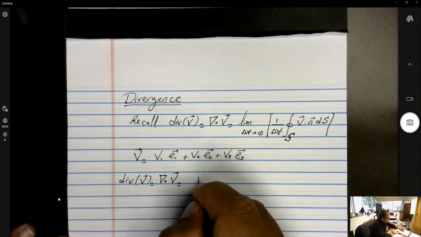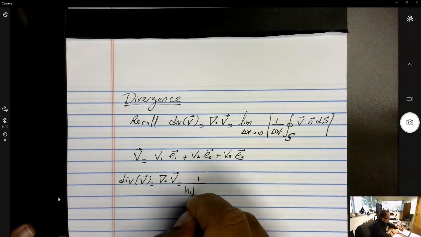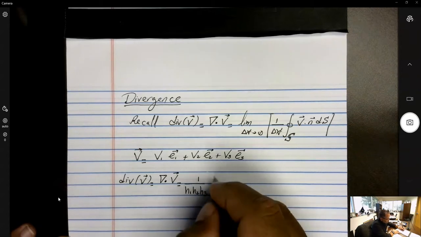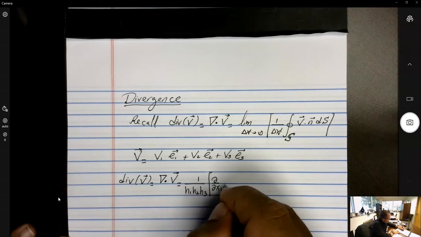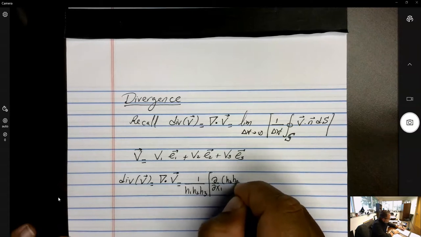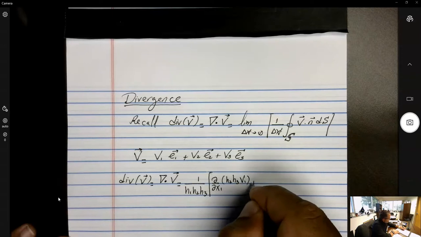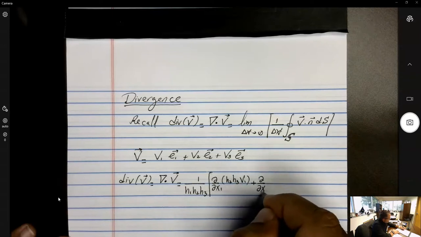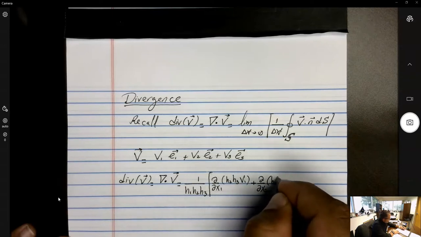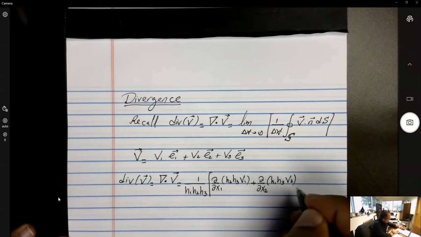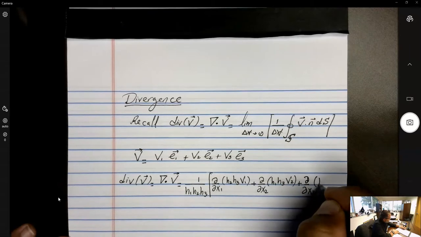So the way it's going to end up being is just 1 over h1, h2, h3 times the derivative with respect to x1 of h2, h3 times v1, plus the derivative with respect to x2 of h1, h3 times v2, plus the derivative with respect to x3 of h1, h2, v3.